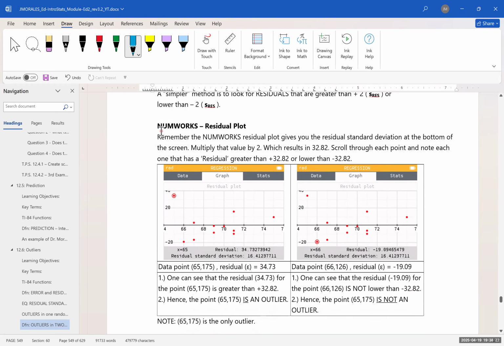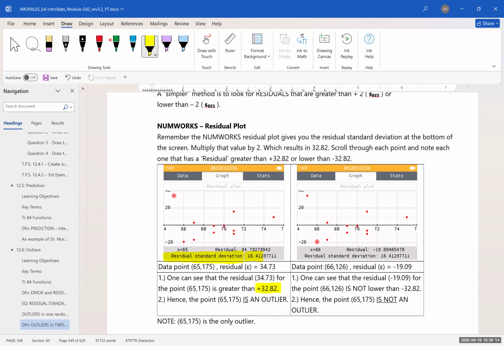So if you think back to the NumWorks residual plot, we saw this earlier. The NumWorks residual plot gives you the residual standard deviation at the bottom of the screen. So now if you do 2 times that, 2 times 16.41 will be 32.82.